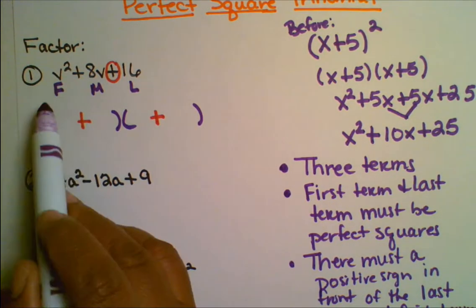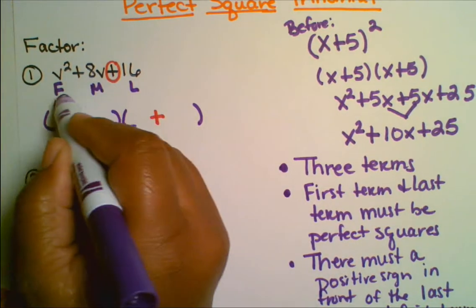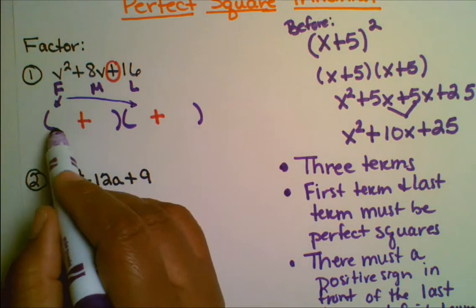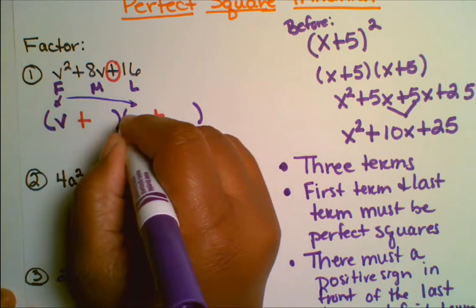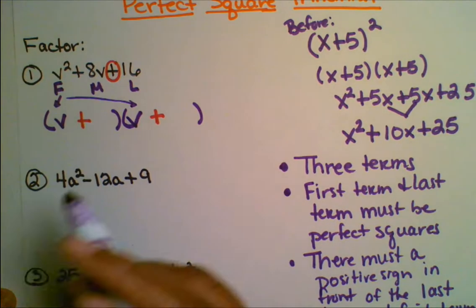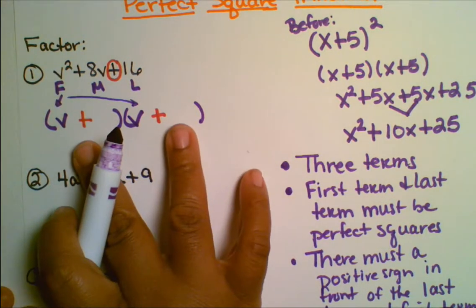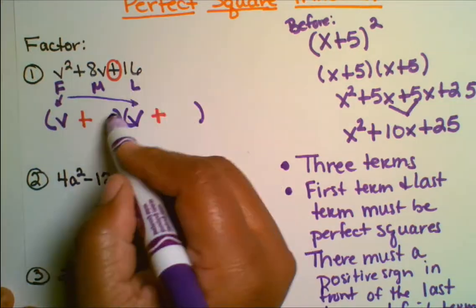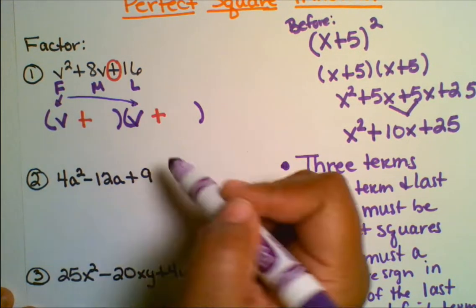Then we're going to break down the first term, placing those factors there. What two factors would give us v squared? That would be v and v. And then the last term, what two factors, when we multiply those together, would give us 16?